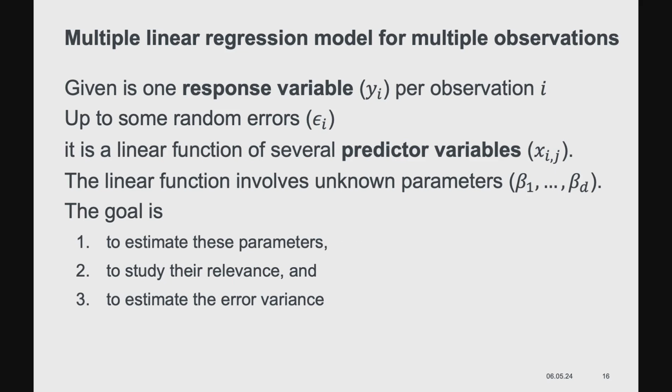Okay, so let's now do the multiple linear regression model for multiple observations. Of course, we won't have just one data point, but a large set of data points. And we want to learn, the statistician would say we want to infer, the function that most probably underlies the whole system.